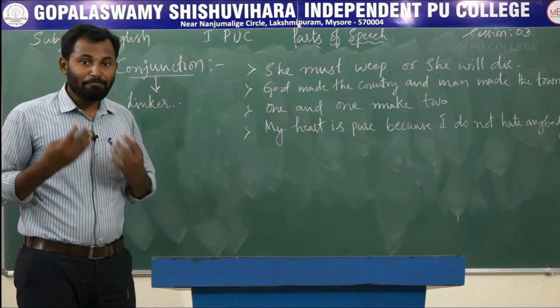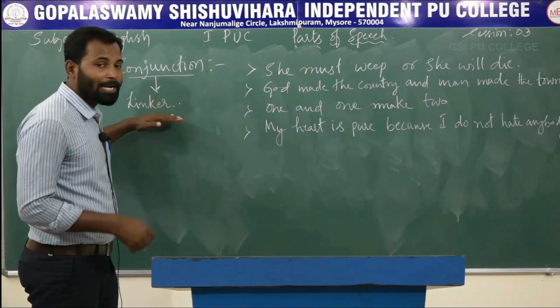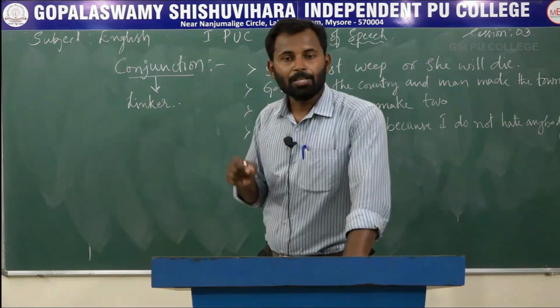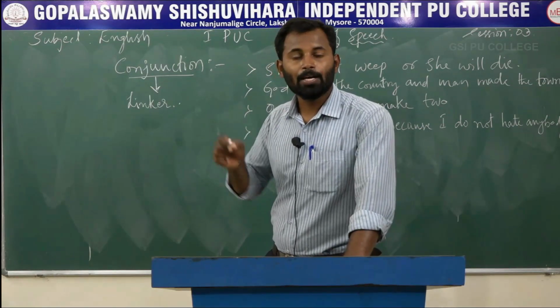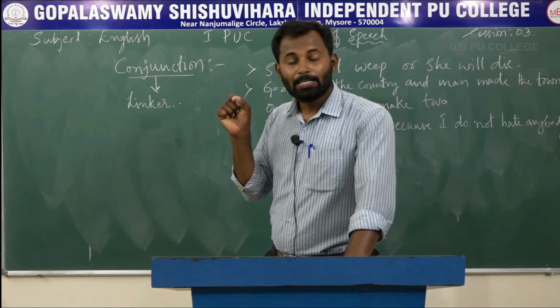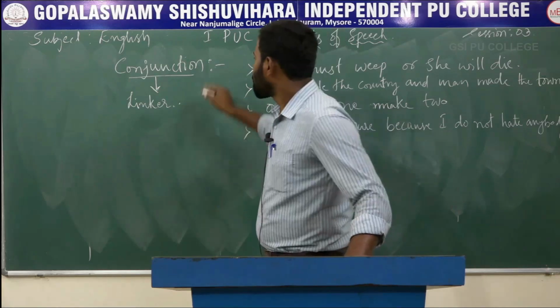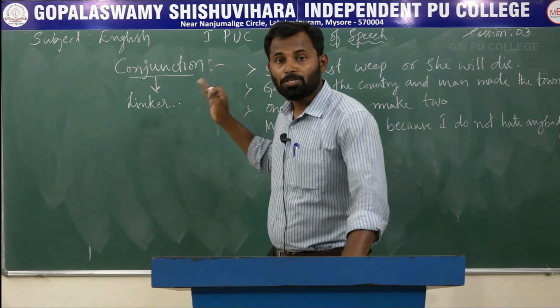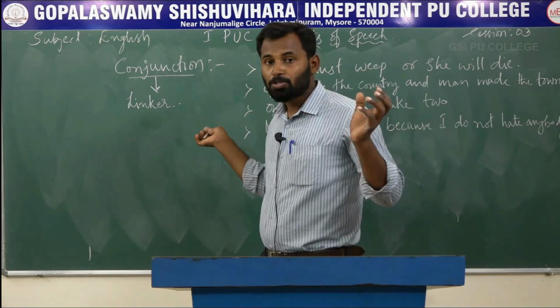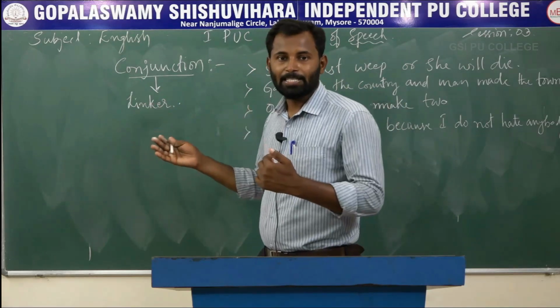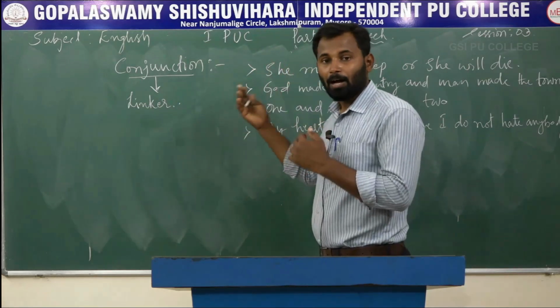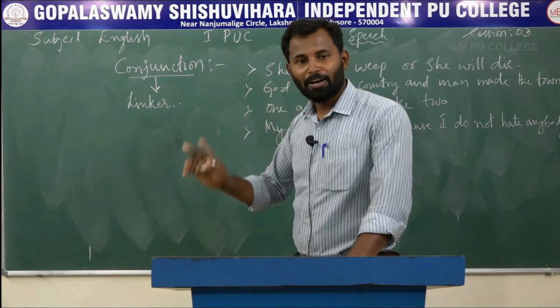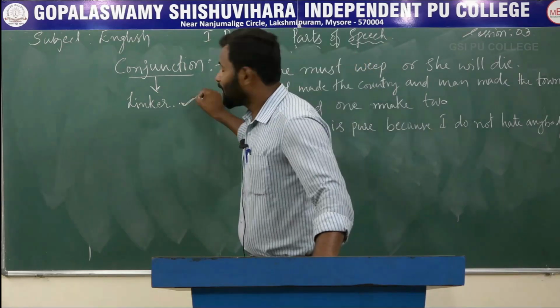So what is the difference between conjunction and a linker? I'll tell you. A conjunction is a word that joins together two sentences and sometimes words. So a conjunction is a word used to connect or join two different sentences, and sometimes it also joins together two different words. Next, what is a linker?